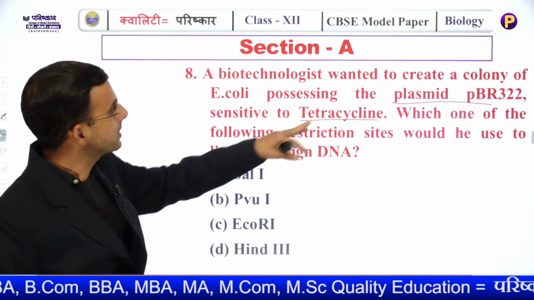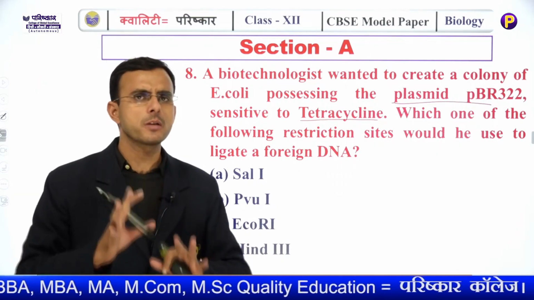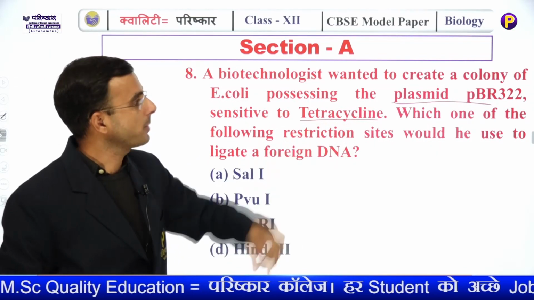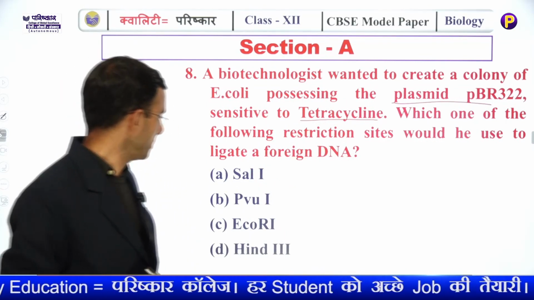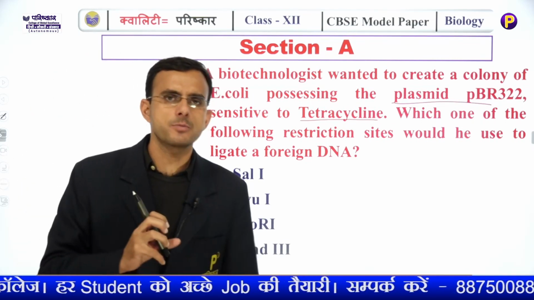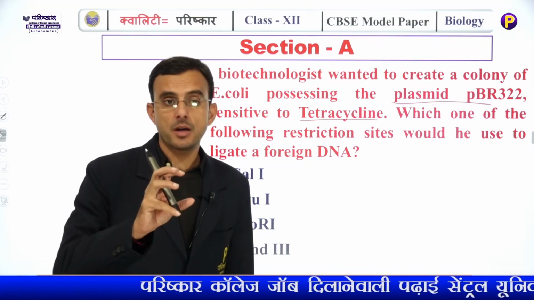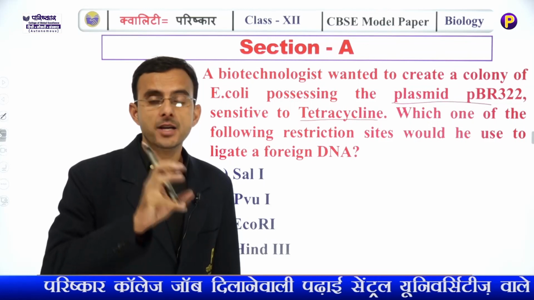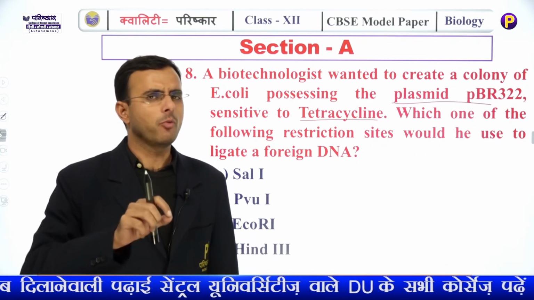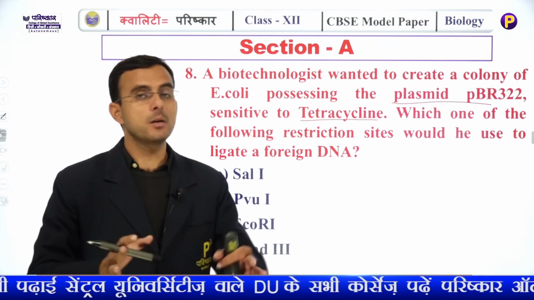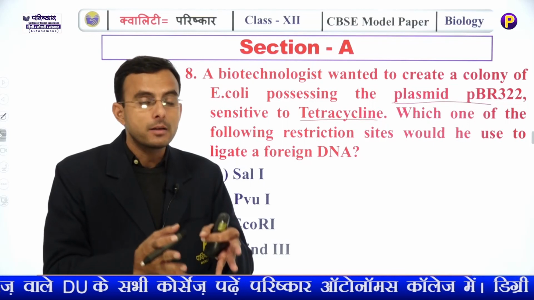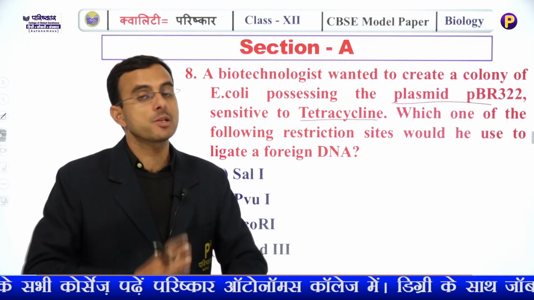These plasmids are found separated mostly from the bacterial cell, and the artificial plasmid is developed by humans. What is a plasmid? Plasmids are extra nuclear chromosomes. They are not vital, not required for vital mechanisms, but they provide extra characteristics to the bacterial cell in which they are present.